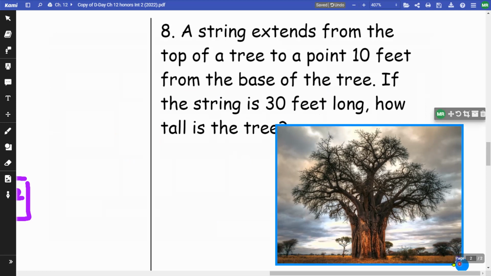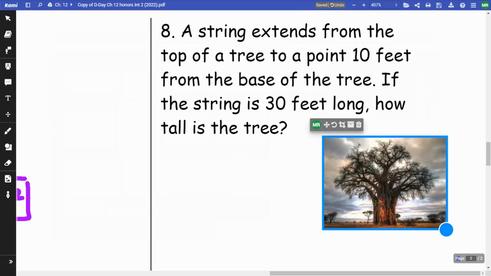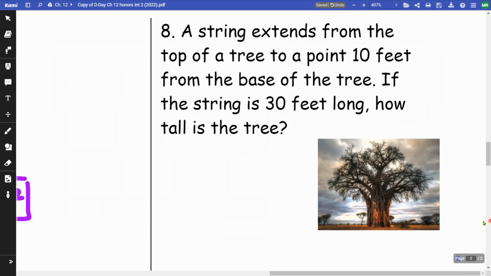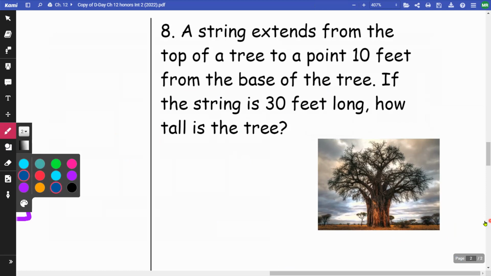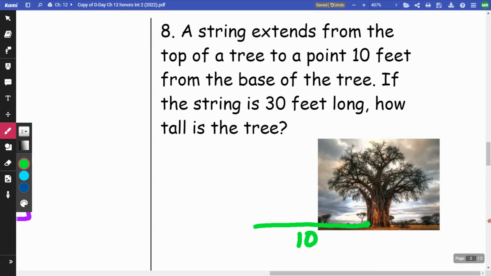And I know that for this tree, a string extends from the top of the tree to a point 10 feet from the base. So if this is the base, I am going to go out 10 feet. I want to figure out the height of this tree. And it's going to come like this.